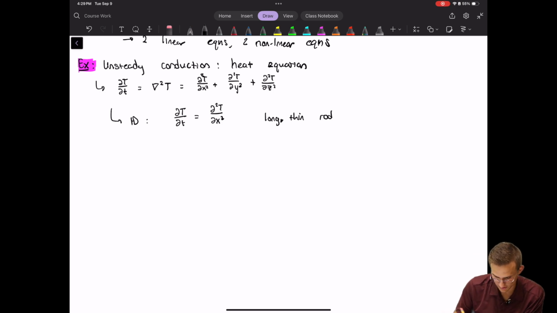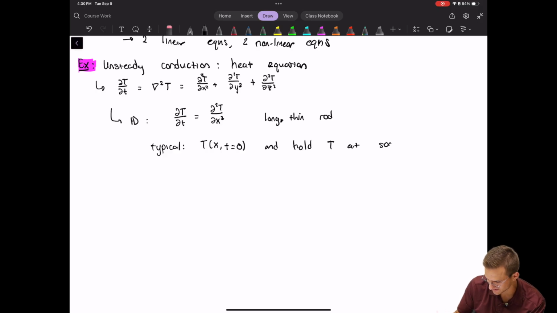Typically, you'll specify T of x, the entire spatial profile of the temperature at t equals 0, and hold the temperature at some specified values at the boundaries.